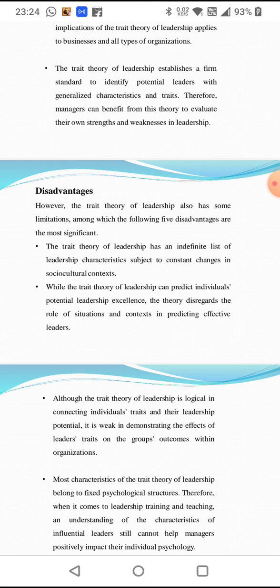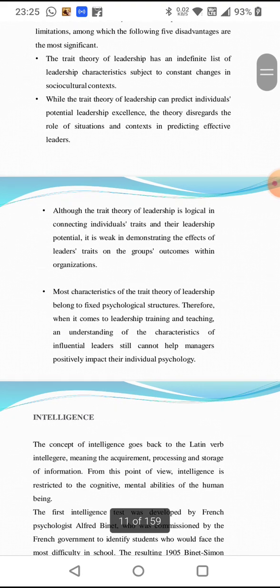While it can predict individuals' potential leadership excellence, the theory disregards the role of situations and contexts in predicting effective leaders. Although the theory is logical in connecting individuals' traits and their leadership, it is weak in demonstrating the effect of leadership traits on the group's outcomes within the organization.